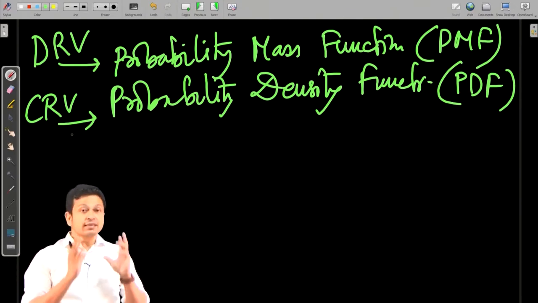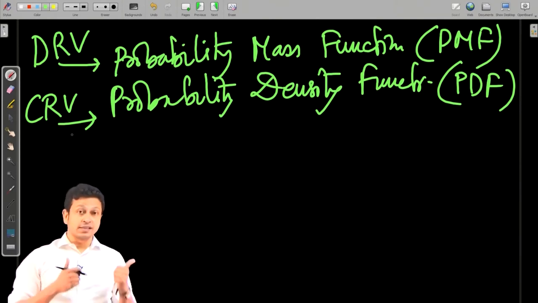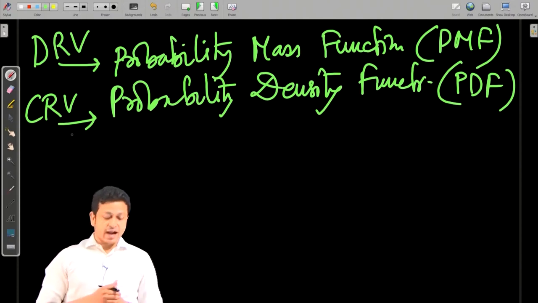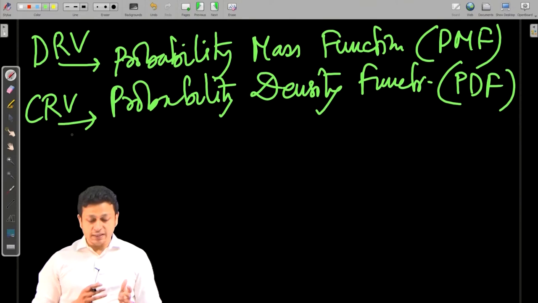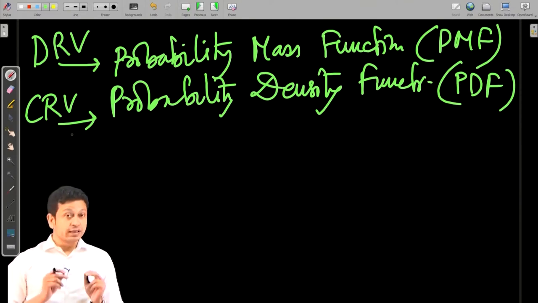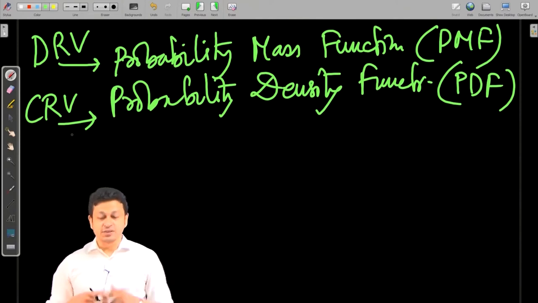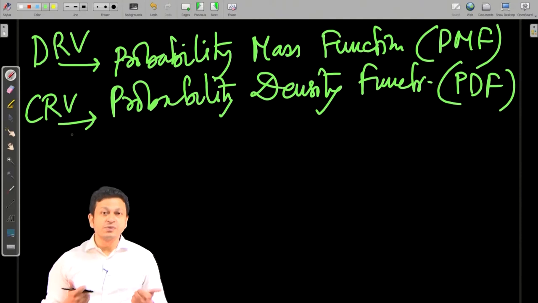Now, that formula, when we use it in case of discrete random variable, we call it probability mass function, and when we use it in case of continuous random variable, we call it probability density function. So, we will explain this term mass and density, how they are different, when we just do a couple of examples, and we will see how we are actually using these functions.